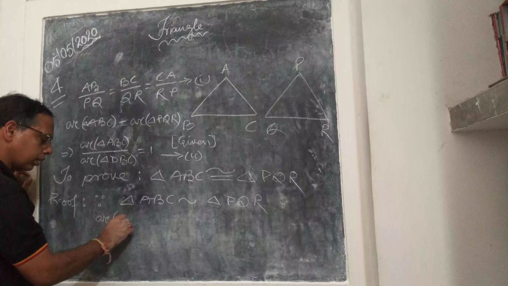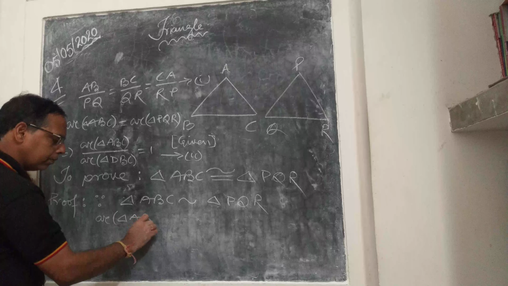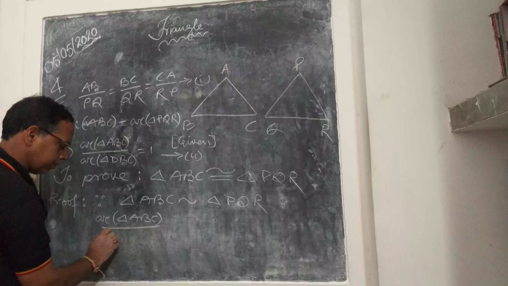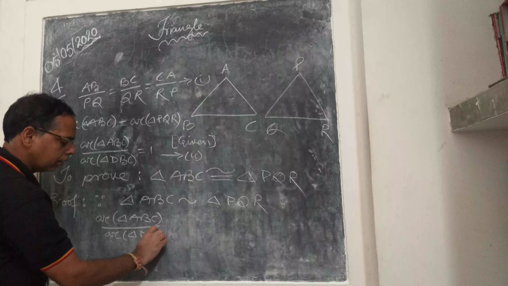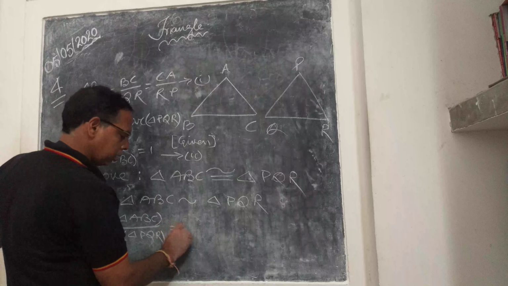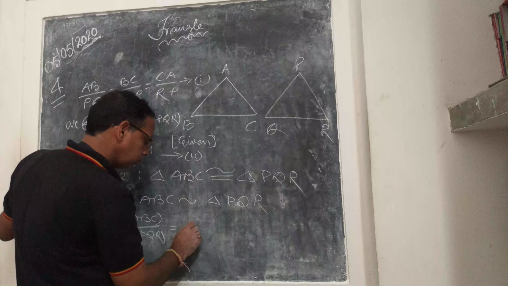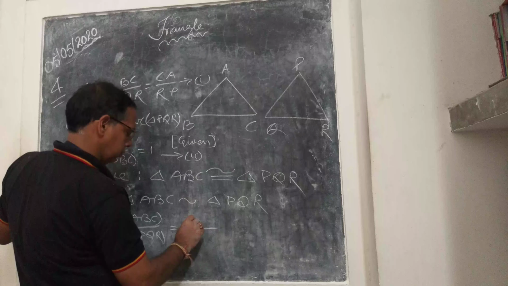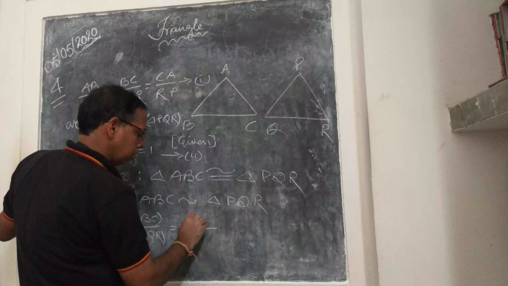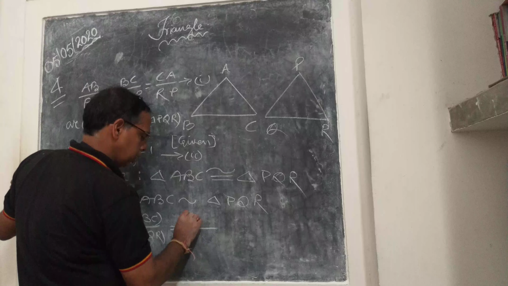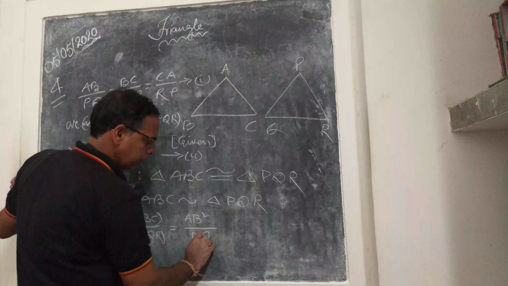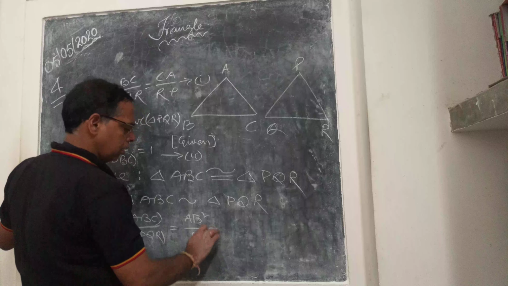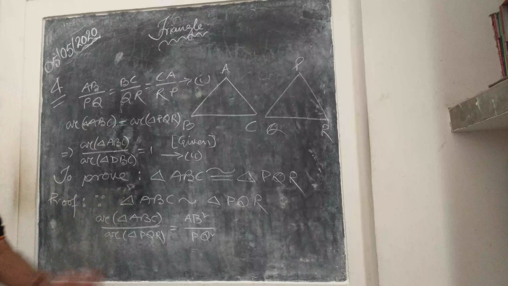Area of triangle ABC by area of triangle PQR equal to AB square by PQ square. Okay, I have taken 1; you can write all the 3.